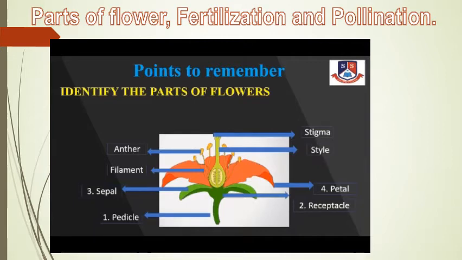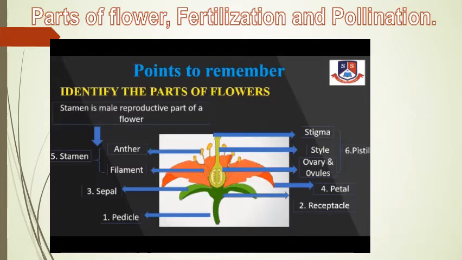Style. Ovary. Anther and filament are collectively called stamen, while stigma, style, and ovary are collectively called pistil. Stamen is the male reproductive part of a flower. Pistil is the female reproductive part of a flower.